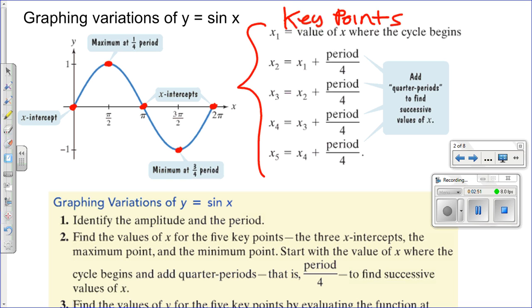As you can see, we have 3 x-intercepts, right? So x1 will represent an x-intercept right here, x3 will represent an x-intercept, and then x5 will represent an x-intercept.